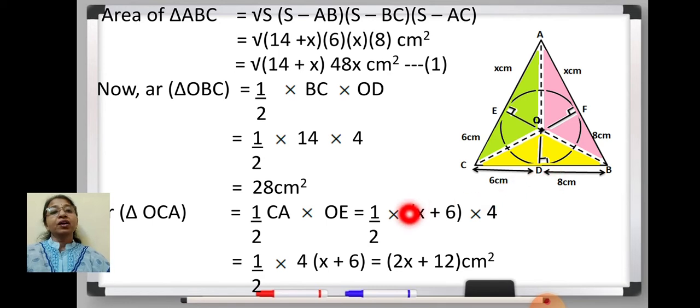Half AC is x plus 6 and OE is the radius of the circle, 4. Then this 2 and 4 will cancel each other. So you will get 2 into x plus 6. So you multiply that 2 inside the bracket. You will get 2x plus 12 centimeter square.